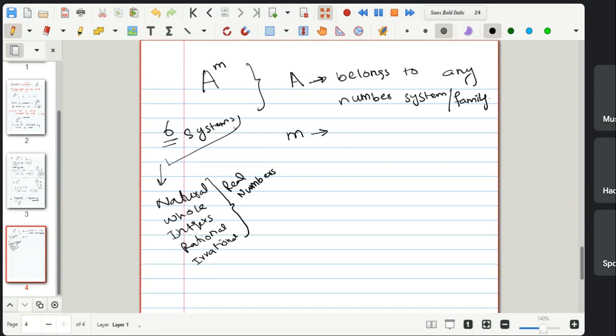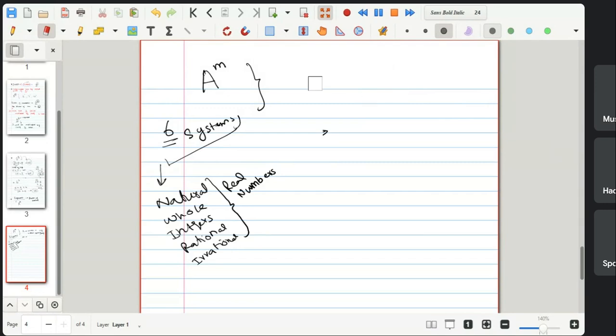Actually I want to tell you people, we can write this in a very simple way: a and m belong to the real numbers family.